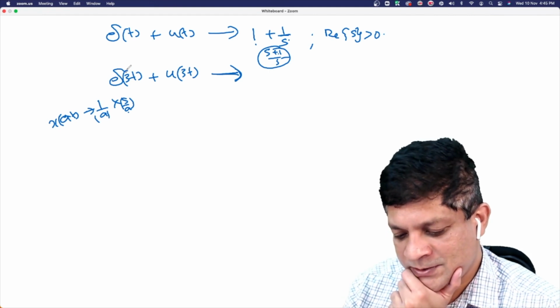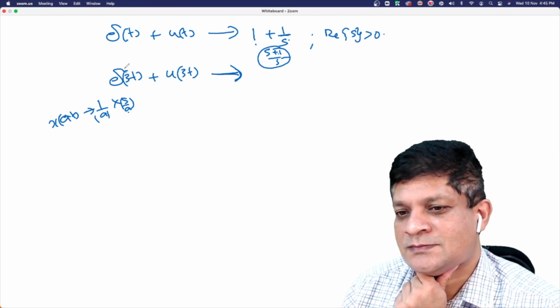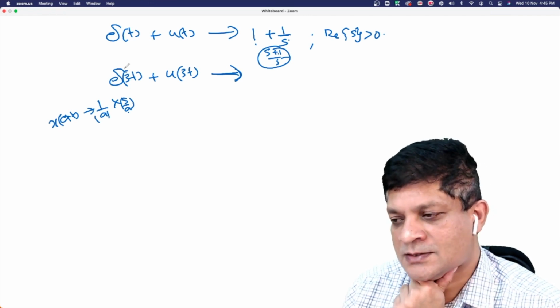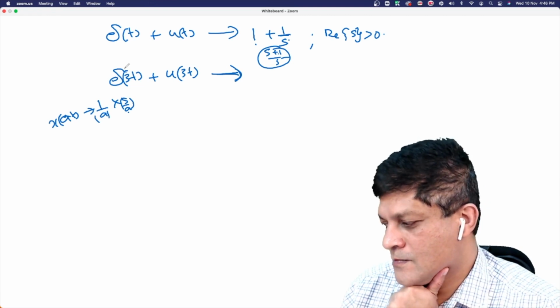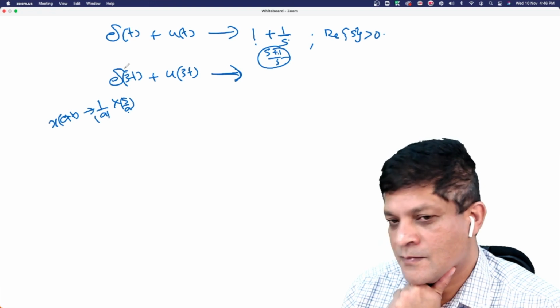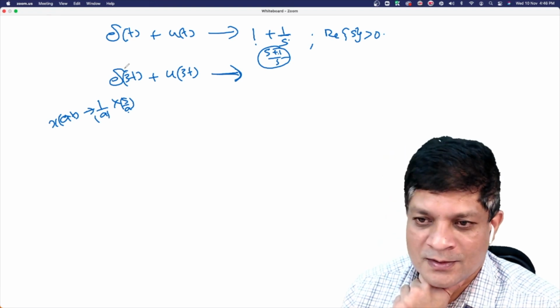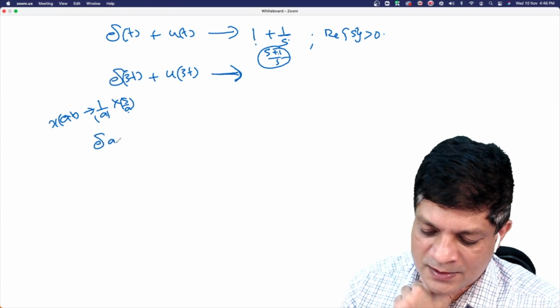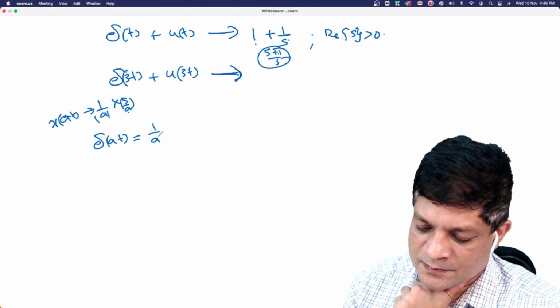And what about delta? Are they the same? No, sir, they are not the same. There is a property: if you scale the delta function with a, then it changes.